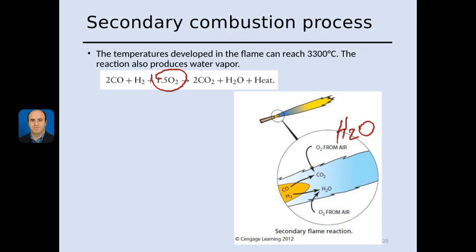And the carbon monoxide is going to unite with oxygen, and again, it generates a new molecule. It's called carbon dioxide. And this reaction again liberates heat. In the blue region of the flame, we have 2/3 of the total energy, and it is called the secondary combustion process.